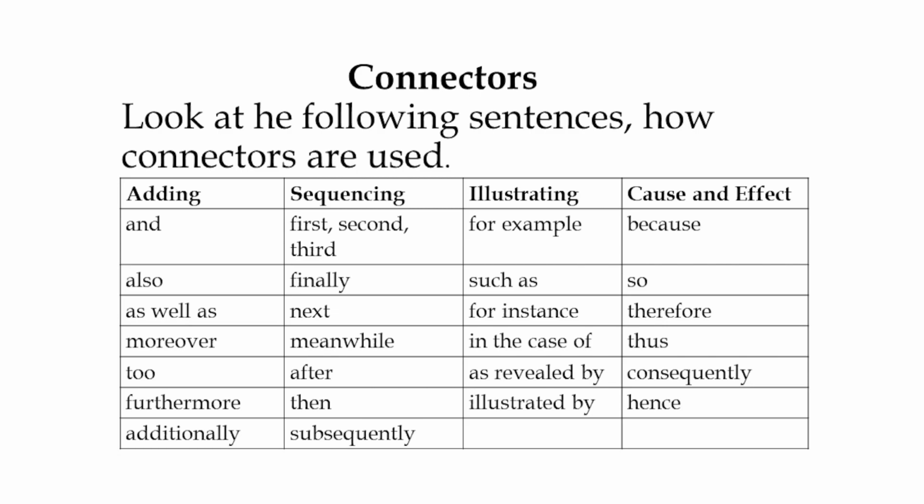Third one, illustrating, giving examples: for example, such as, for instance, in the case of, as revealed by, illustrated by. These are the words that connect the ideas relating to illustration. Then cause and effect: because, so, therefore, thus, consequently, hence.